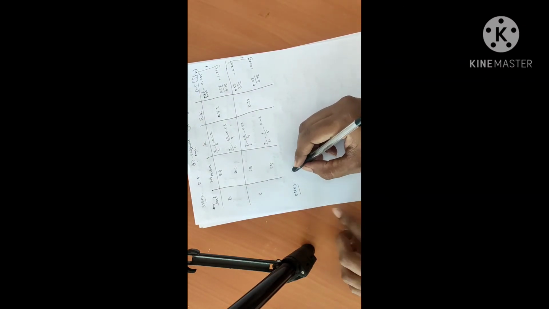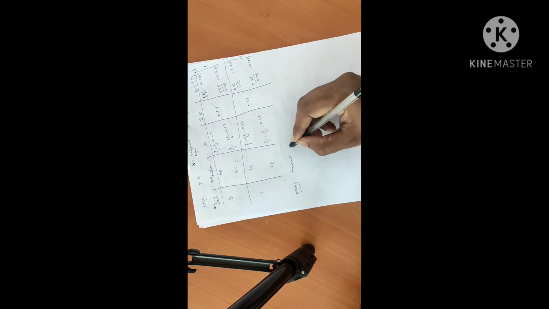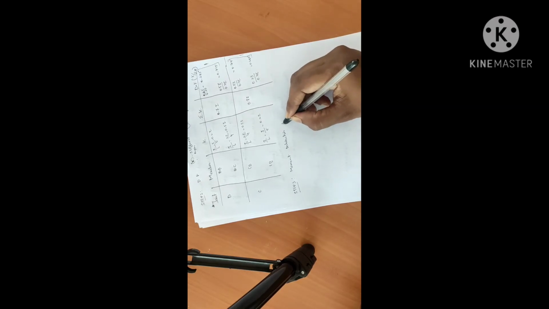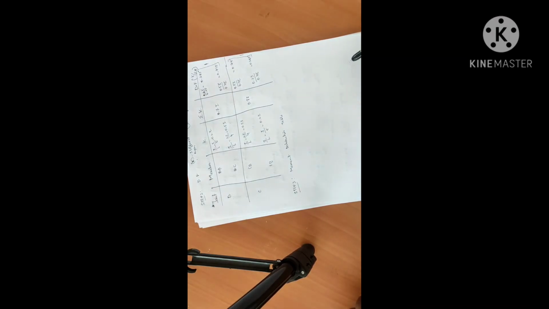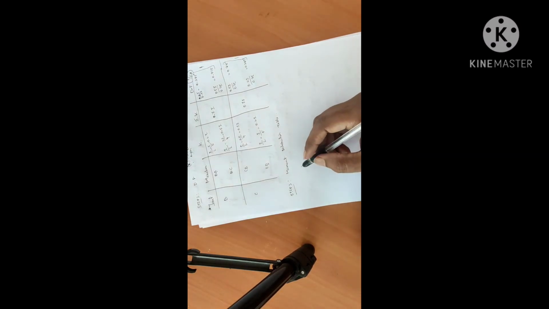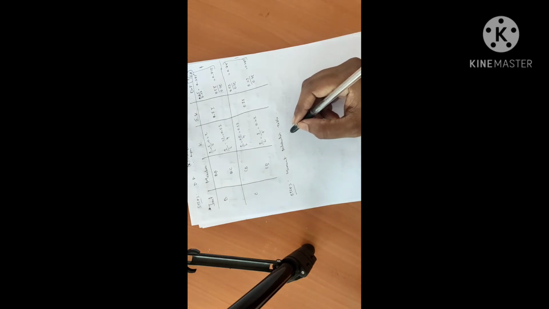Step 3 is the moment distribution table. Whatever we have done first, that is the distribution factor. After the distribution factor, you have the moment distribution table. In the moment distribution table, there is a set fixed method.